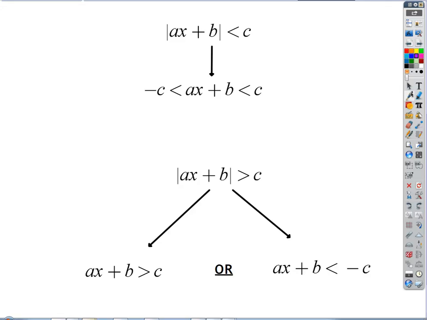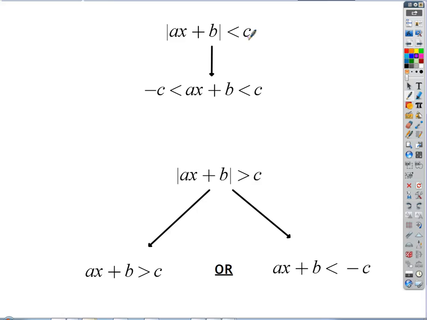There are two different scenarios that show up here. One of them is when you have an absolute value expression that is isolated on one side of an inequality and it's less than a number. If the absolute value is less than a number, then you make a trade.